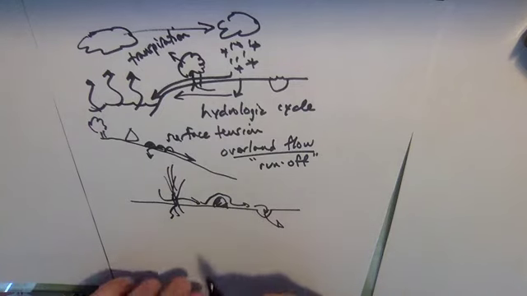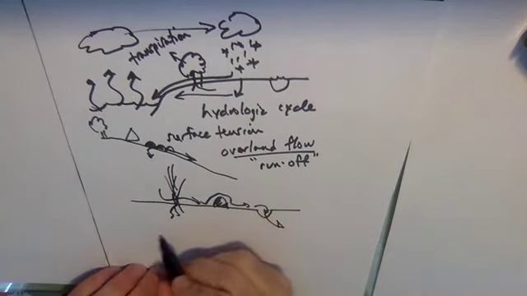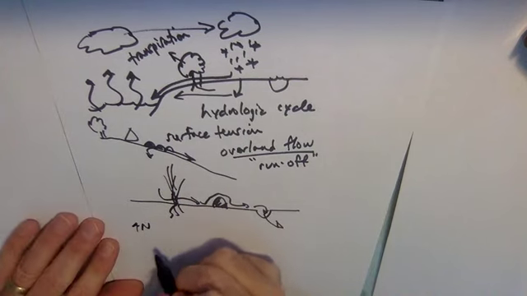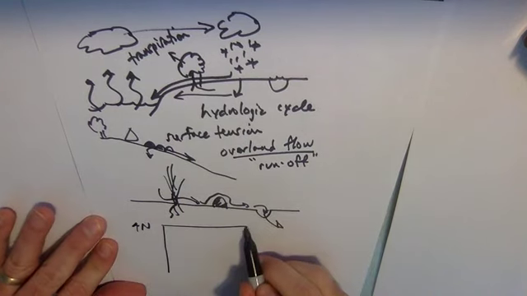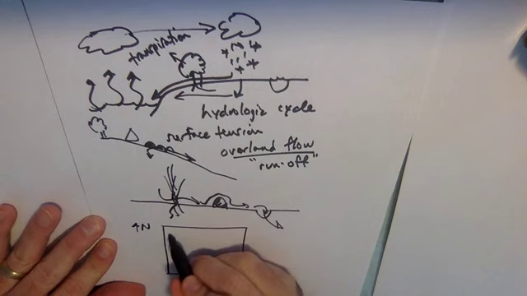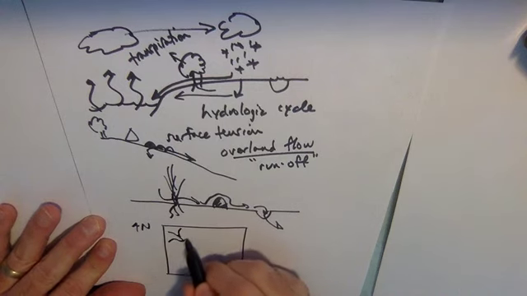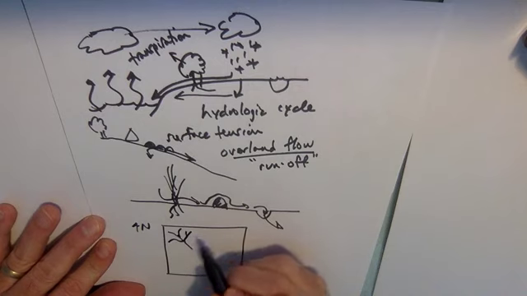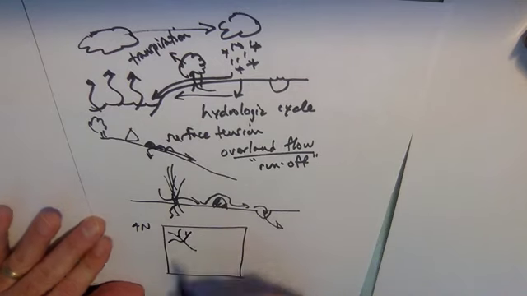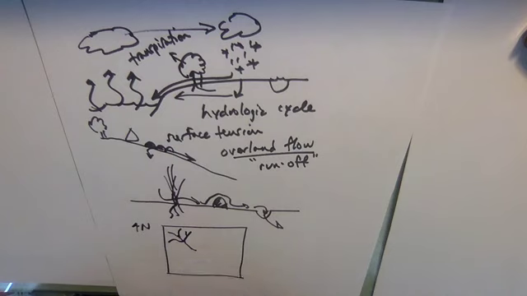And those small streams, now we're looking down from space here, so we're going to look at a map. Those small streams, when they coalesce, just like drops of water on your windshield, once they coalesce, they have an easier time flowing.